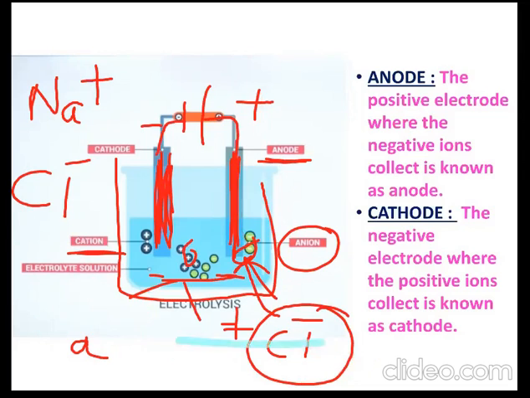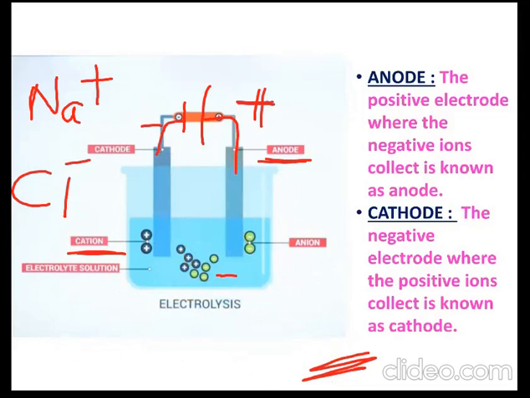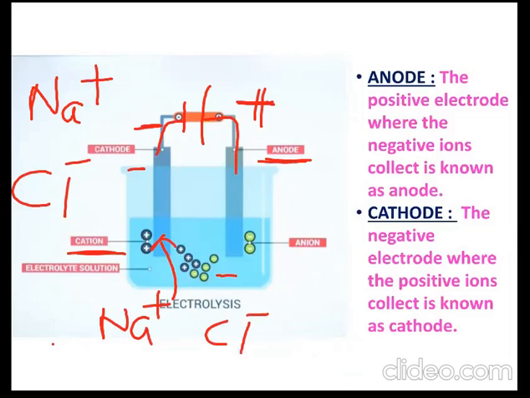Na plus is attracted towards the negative plate, connected to the negative of the battery, and Cl minus ions are attracted towards the positive plate.